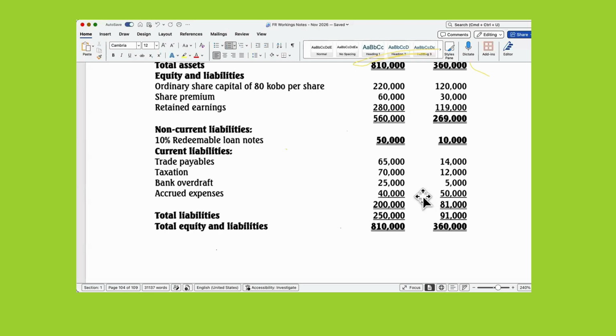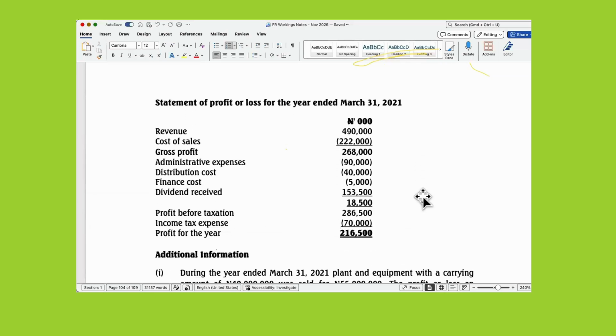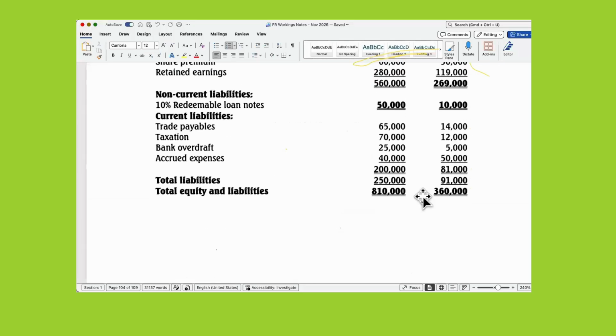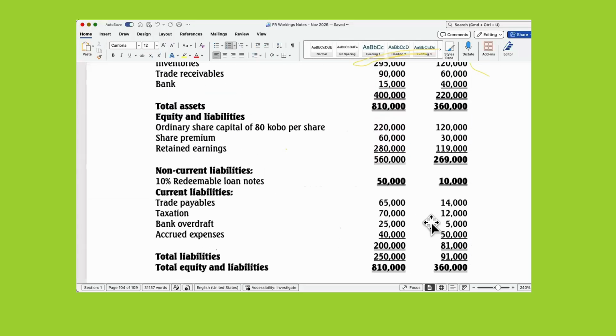Now, there's a decrease in accrued expense. Let me see the expense it relates to. Okay, I can't see a particular expense it relates to, but it actually decreased. So as far as this year is concerned, there's a prepayment, something like that.